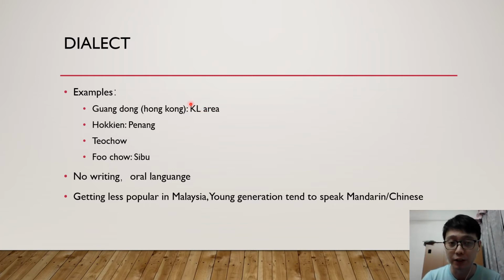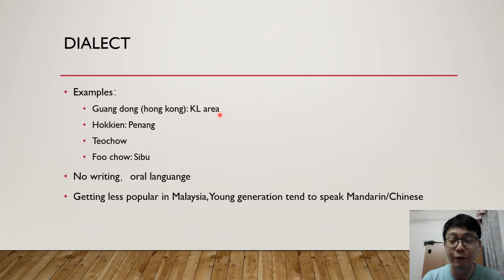Since China is big, different regions have their own unique dialects. However, the writing style is still the proper Chinese words, just that the pronunciation is different. The common dialects in Malaysia are first Guangdonghua, the Cantonese in the KL area.